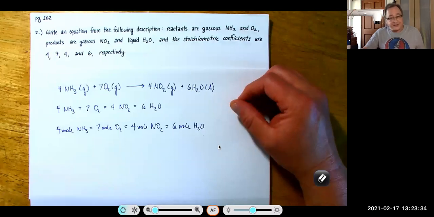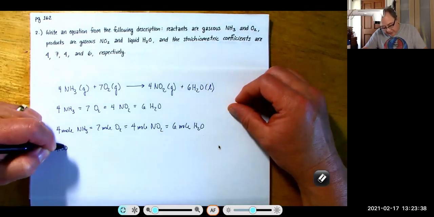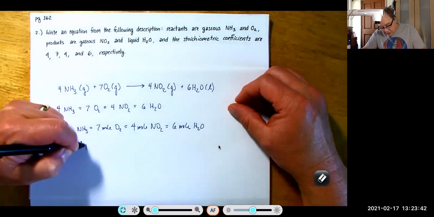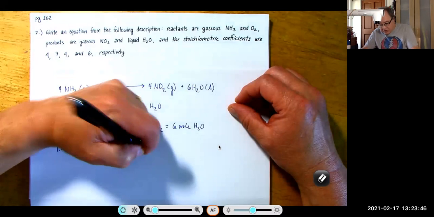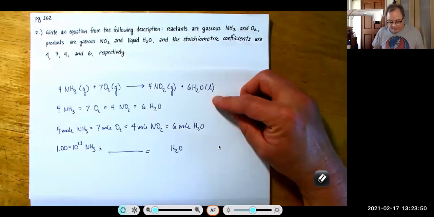So for instance, if we start off with 1.00 times 10 to the 23 NH3, and we want to calculate how many H2O we're going to make, how do we do this?